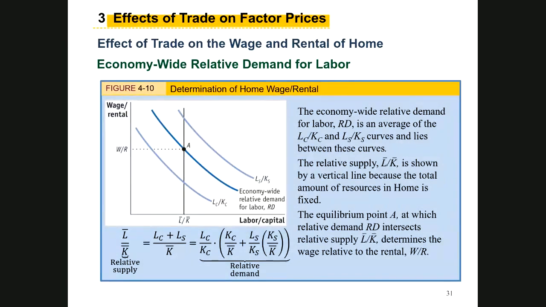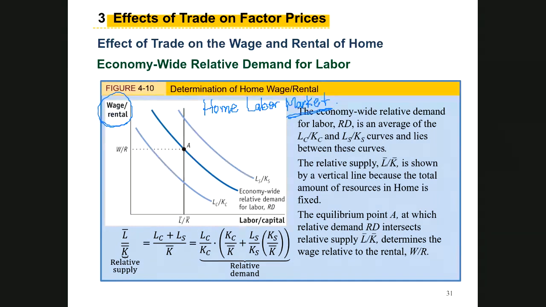So what does this graph tell us? This is the market of the home labor, the home country labor market. Every time we draw a diagram of a market, what do we put on the vertical axis? We usually put the price.